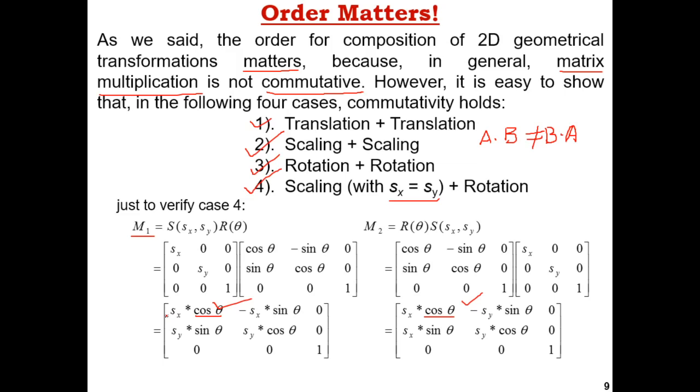The first element of both matrices is the same, the sin theta is the same, but Sx and Sy are not the same. At first look you can see that both matrices are very similar in structure, but the values of Sx and Sy are not the same.